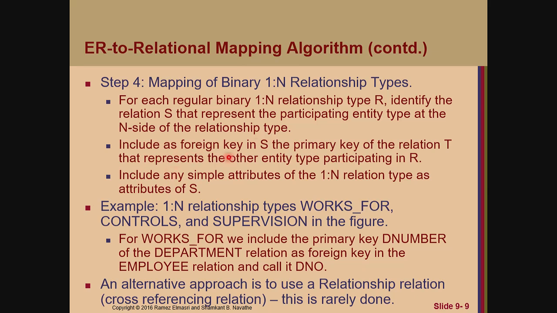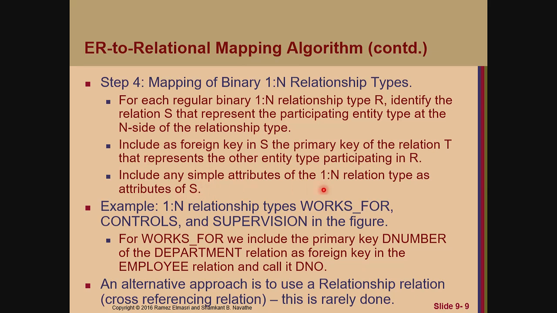Include a foreign key in S, the primary key of the relation T that represents the other entity type participating in R. Include any simple attribute of the one-to-many relationship type as an attribute of S. The explanation is quite complicated. Okay, let's see.